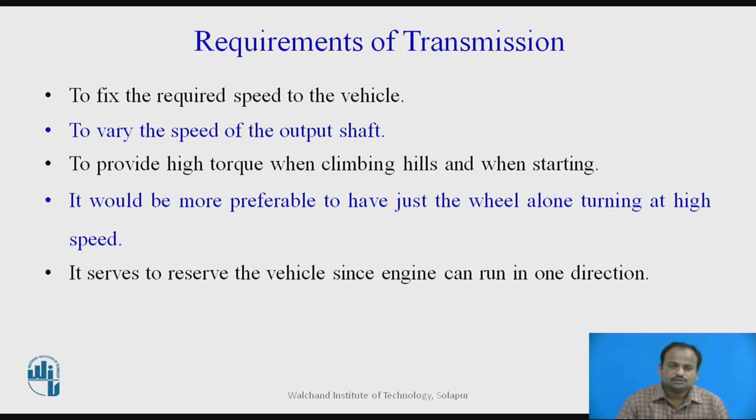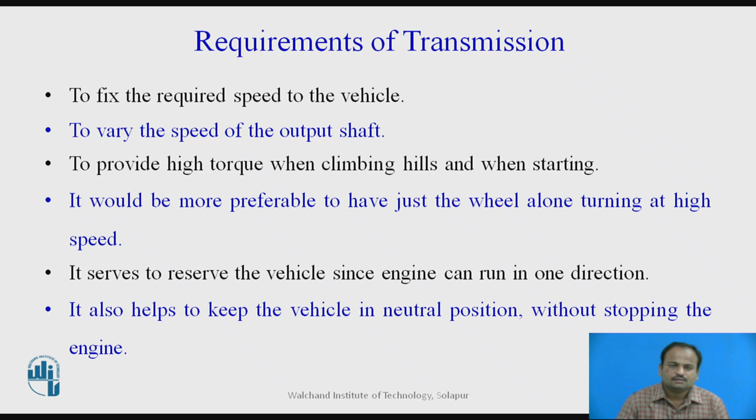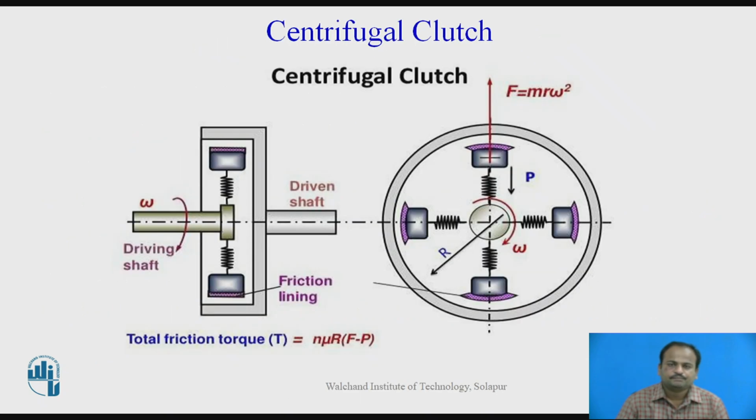It serves to reverse, since the engine can run in one direction. It should also help to keep the vehicle in neutral position without stopping the engine. That is why we require the transmission system.